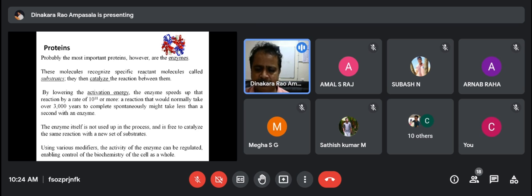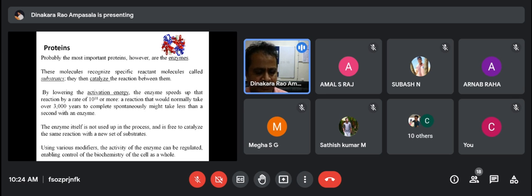You can see the specificity of that particular enzyme for that particular reaction. The reaction will take 3,000 years to complete, but if you add an enzyme, that reaction will complete within seconds. So that's the way it reduces the energy.